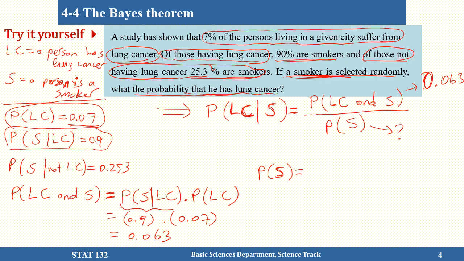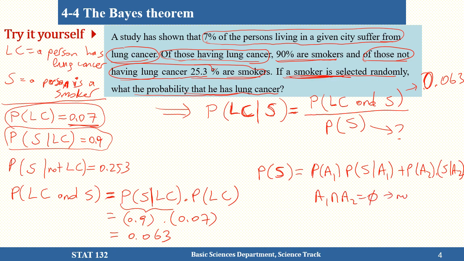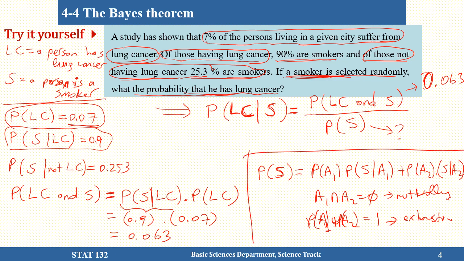If you remember, it was the probability of A1 times the probability of S given A1, plus the probability of A2 times the probability of S given A2, if A1 and A2 are mutually exclusive, and the probability of A1 plus the probability of A2 equals 1, so they are exhaustive. This is coming from the Bayesian theorem.